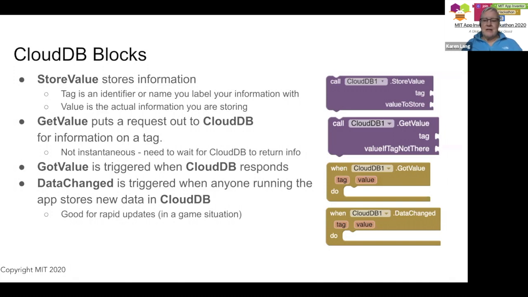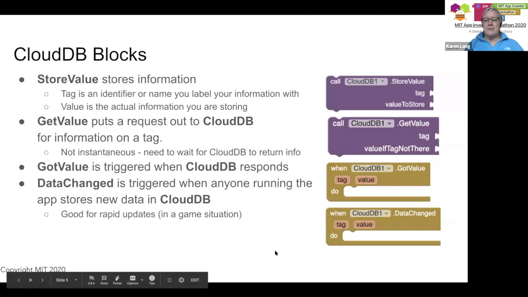Get value says, hey, CloudDB, what's the value of this tag currently? So very often, if you start up a new app, you want to figure out what's the current situation. It could be, if I'm playing a game, what are the current scores of all the players? So you'd ask CloudDB for that information, and then the gold block got value.